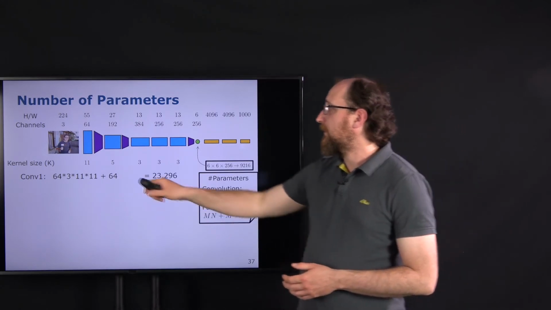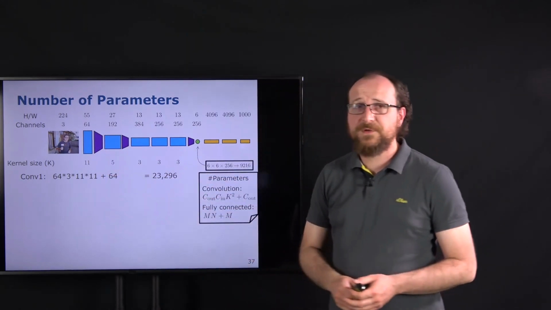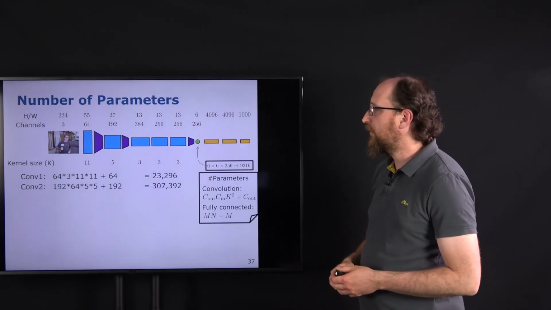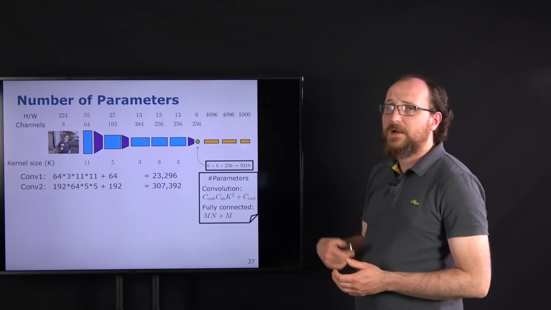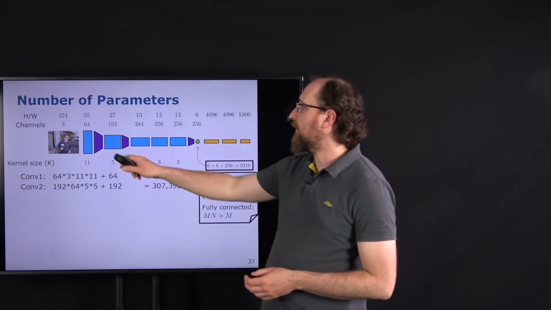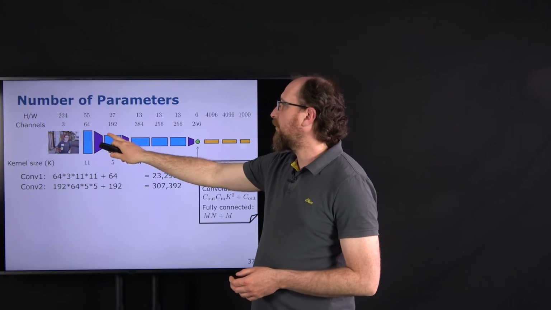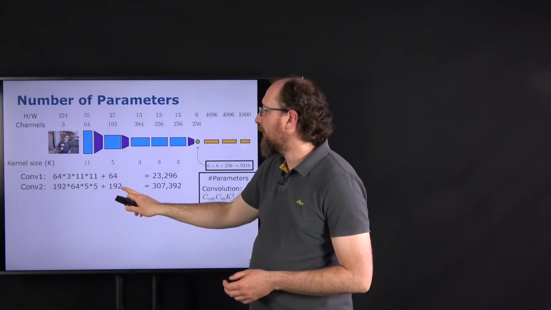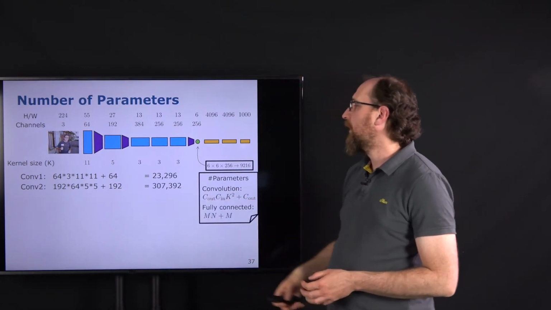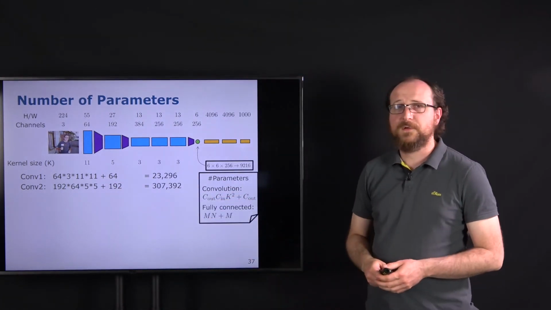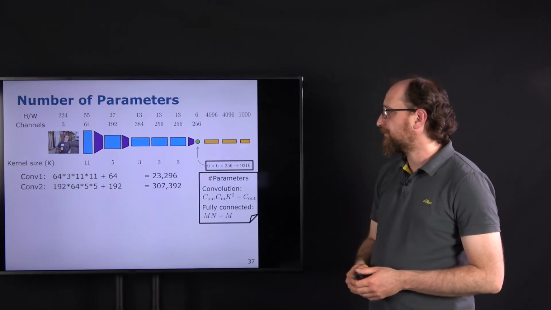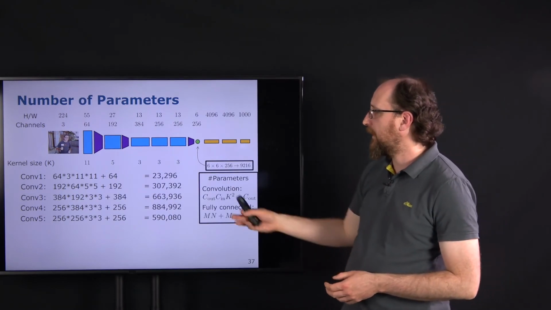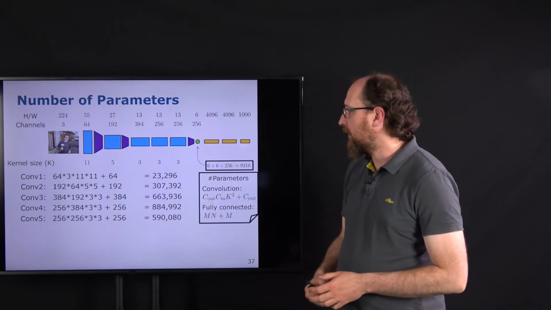The good thing is that the max pooling layers have no parameters at all, so we are not accounting for them. The next convolution has 192 channels as output and 64 as input, with a 5 by 5 convolution, plus the number of output channels. So we have here 307,000 parameters.